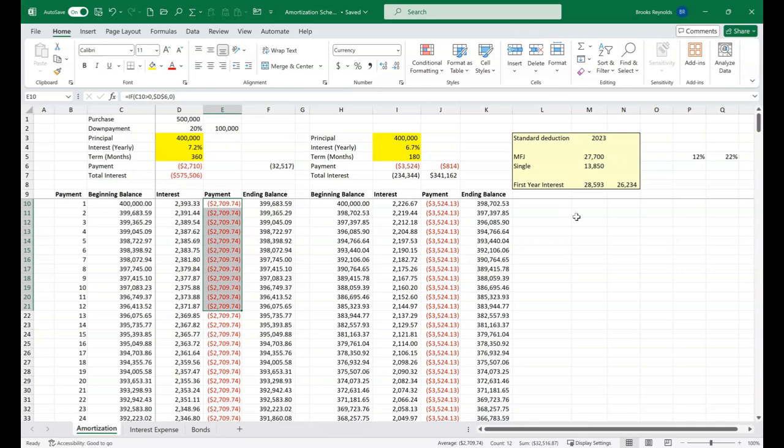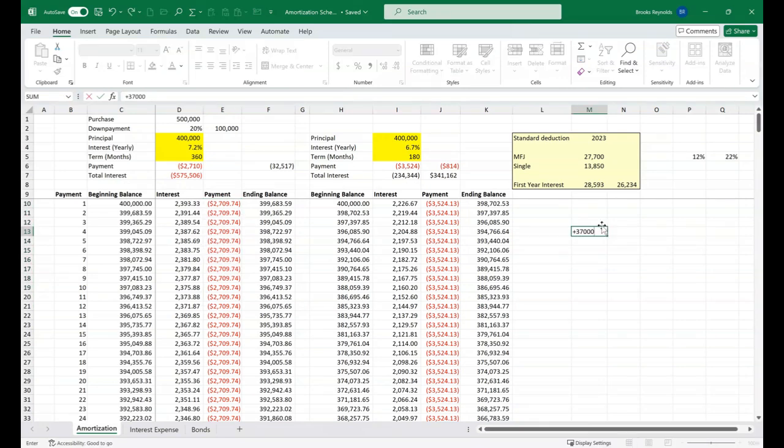So let's say it's going to be $37,000. So $37,000 in deductions because you can itemize. The amount over what your standard deduction is, $9,300. And so you reduce your income by $9,300.